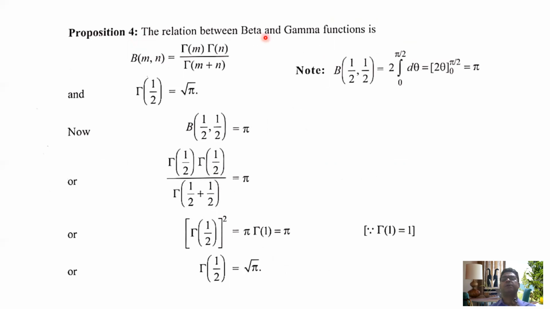The relation between beta and gamma function, the most important formula, is the beta gamma relation, that is beta mn is equal to gamma m gamma n by gamma m plus n.